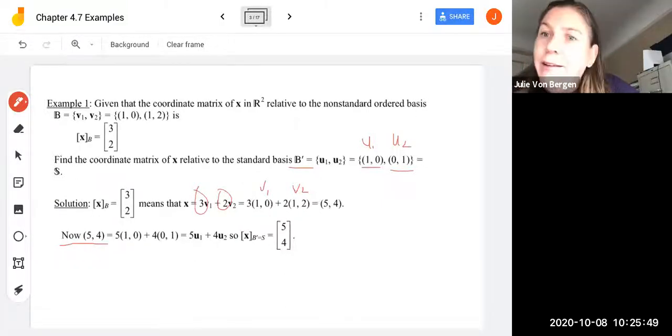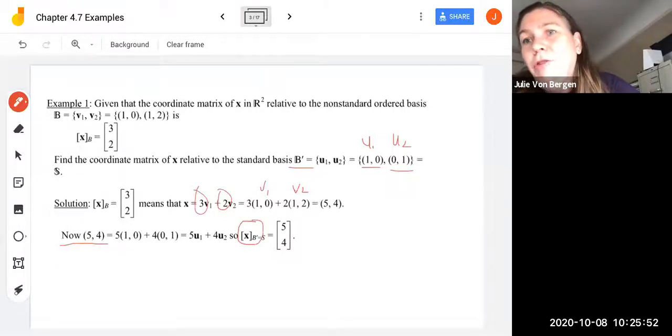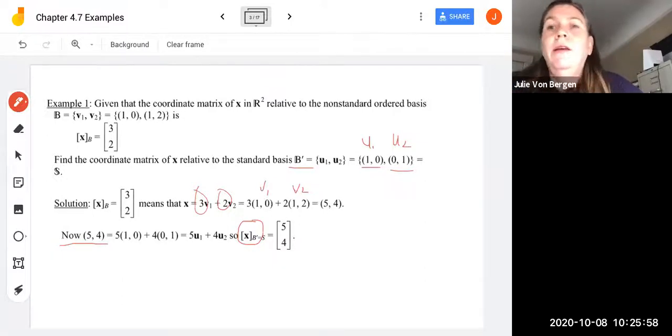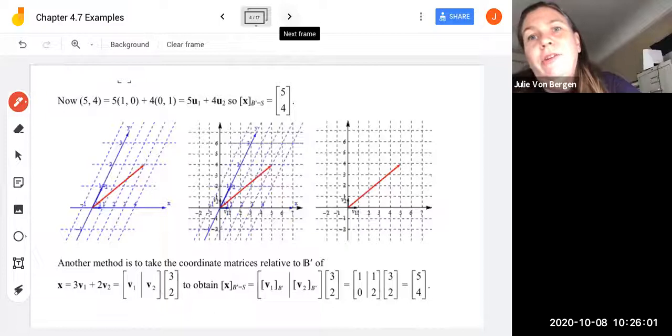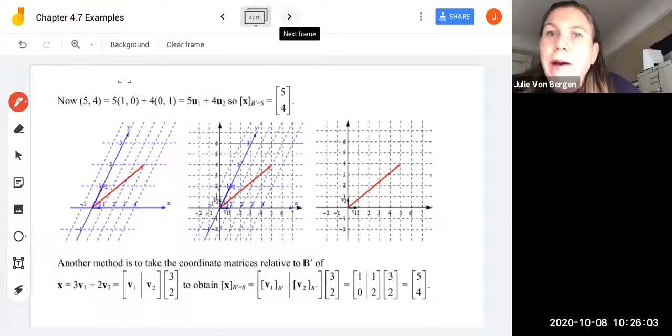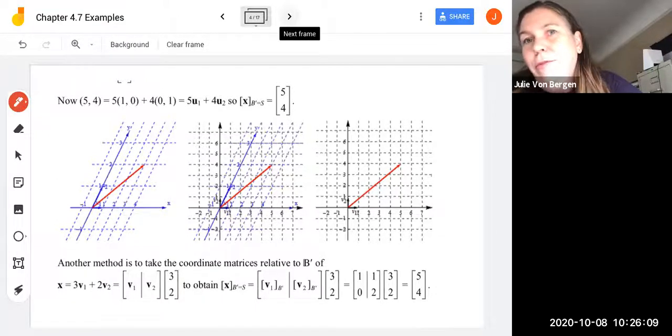So our X B prime, as a column matrix or column vector, is going to be (5, 4). Now if we want to visualize how we're shifting this around, we can think about (5, 4) as 5 times 1 on the x-axis plus 4 times 1 on the y-axis. And so here's our visualization here.